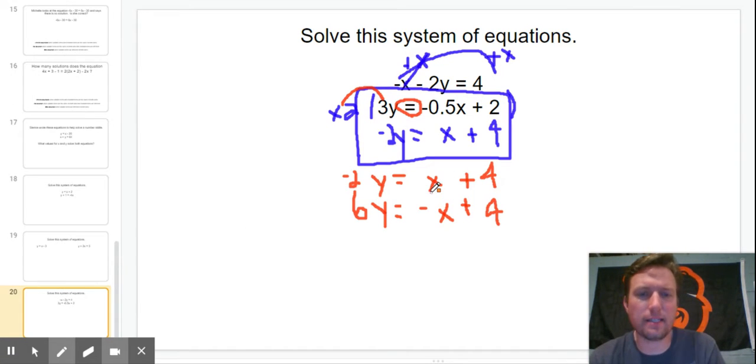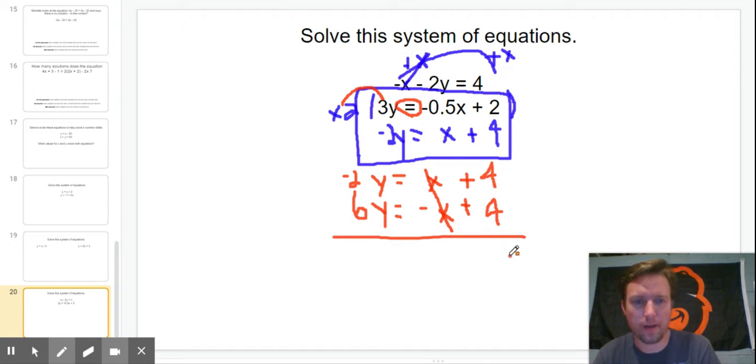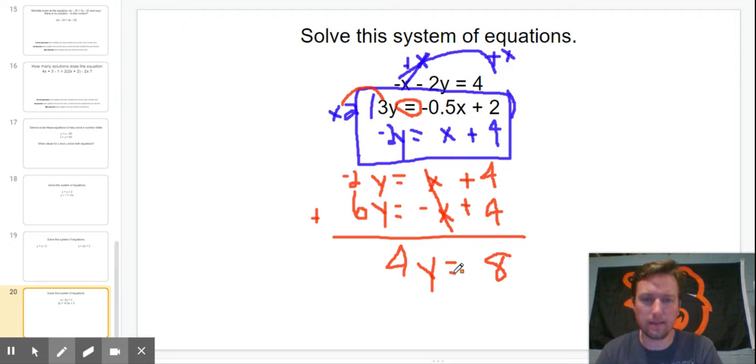And when I have an x and negative x in a system of equations, they cancel each other out. Okay? And now we're going to combine the terms. 4 plus 4, kind of like a big addition problem, is 8. And negative 2y plus 6y gives me 4y. So I'm left with 4y equals 8.